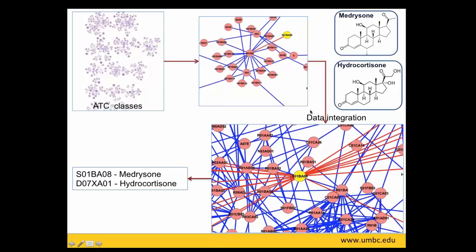But after we integrate different types of data, from the NDFRT, from the SPARQL, from RxNorm, and also add the chemical structure similarity search, we are able to add more connections to this particular drug. Particularly, we are interested in the association between Medrysone and hydrocortisone, which is included in these highlighted connections.